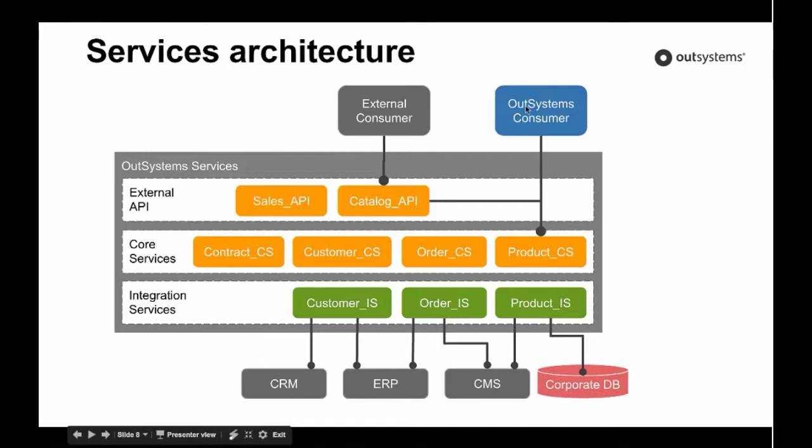Of course, the OutSystems consumers, the OutSystems applications, can hook directly into the core service, leveraging all the platform capabilities. It's much better to hook into the service itself, because then you can use entities, you can reuse web blocks, all kinds of things that you cannot expose in a REST API.